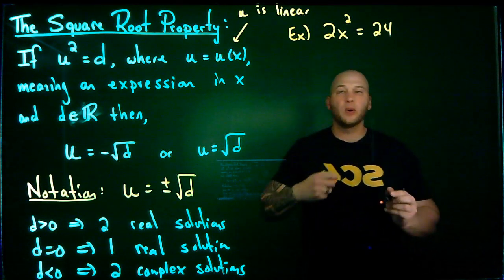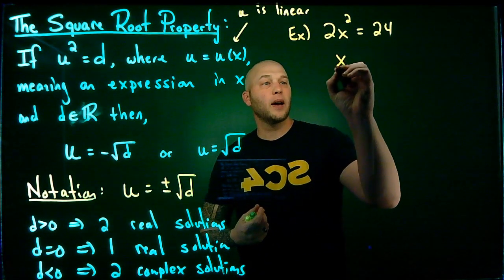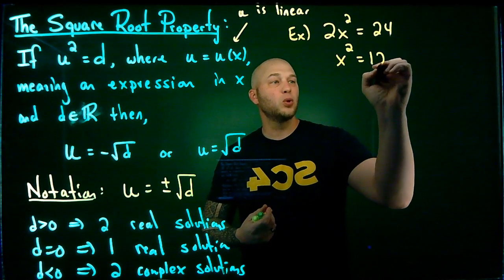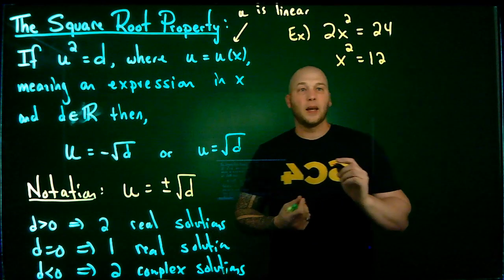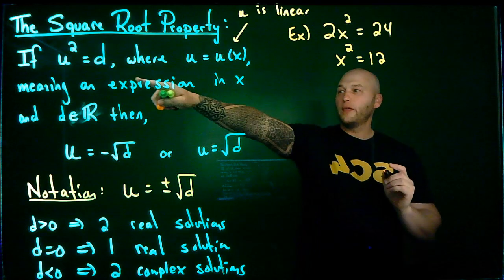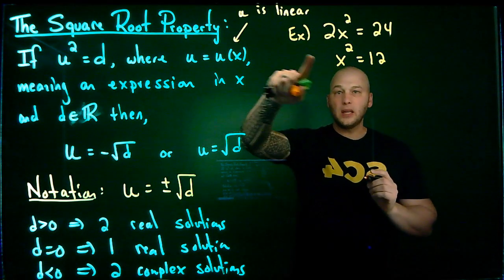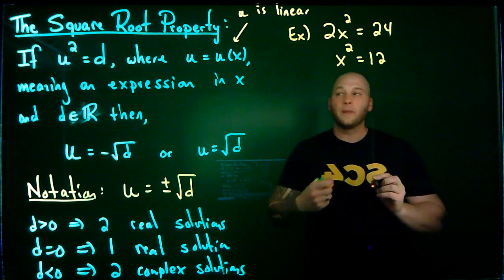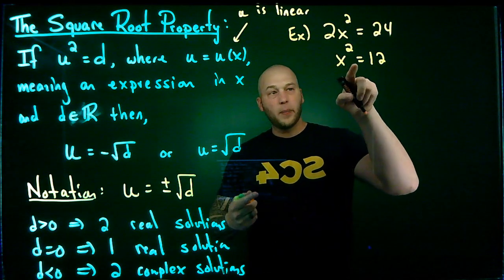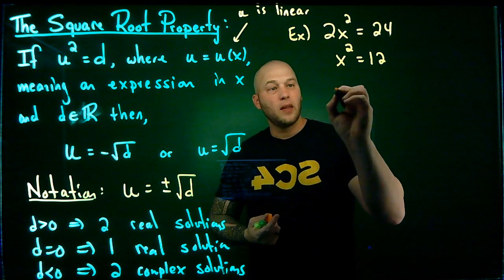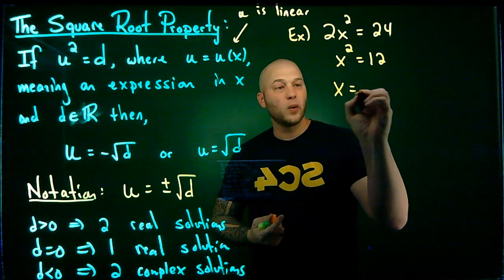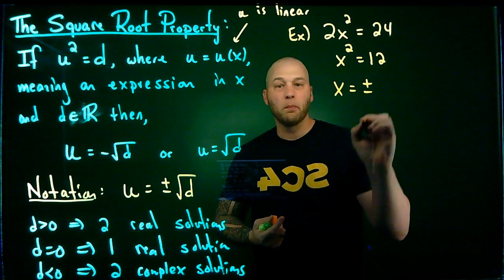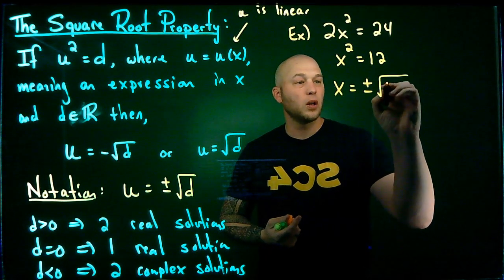Therefore, I will divide both sides by 2, giving me x squared is equal to 12. And now this is in the correct form, where it's u squared equals d. U in this case would be x, d in this case would be 12. What the square root property says is when I have this, the value of x is going to be either plus or minus the square root of 12.